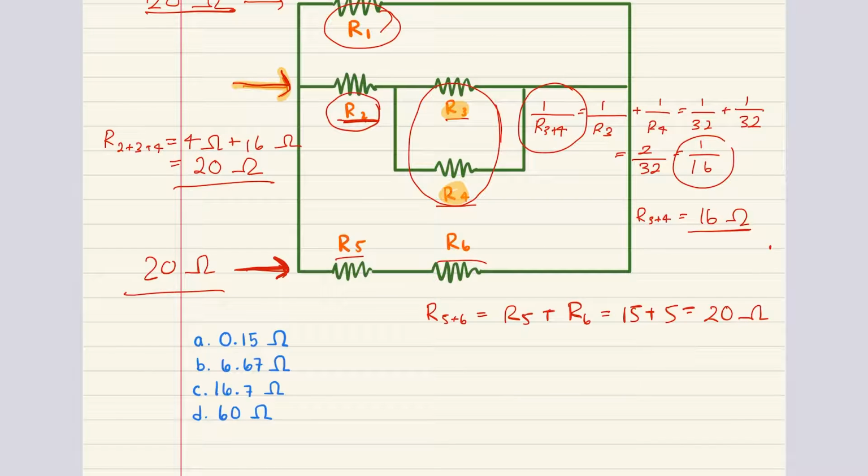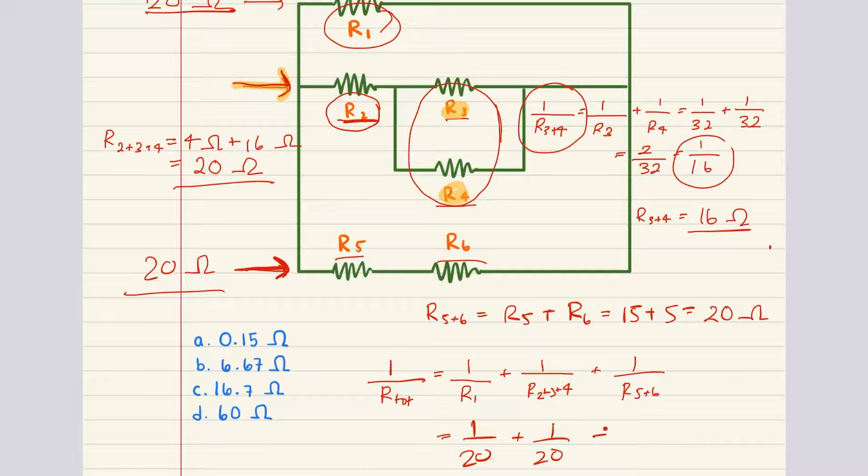We can go ahead and figure out the total resistance in this setup. 1 over R total is equal to 1 over R1 plus 1 over R2,3,4 plus 1 over R5,6. This is equal to 1 over 20 plus 1 over 20 plus 1 over 20, which gets us 3 over 20.